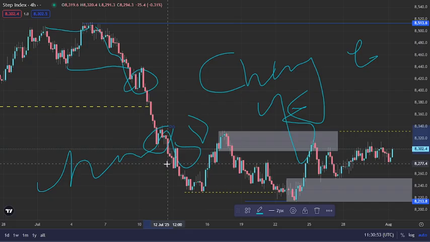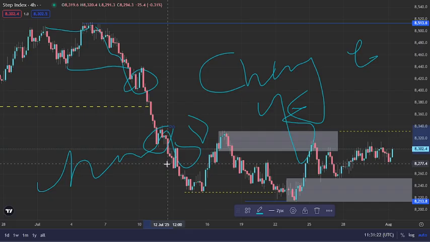When the internal strong structure breaks, we get an I-BOS, an internal break of structure. When the strong swing structure breaks, we get a break of structure. So we have BOS, I-BOS, and CHoCH: change of character, internal break of structure, and break of structure.